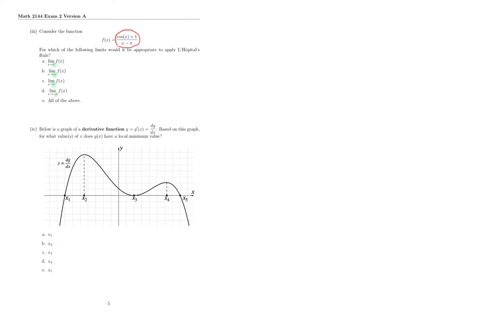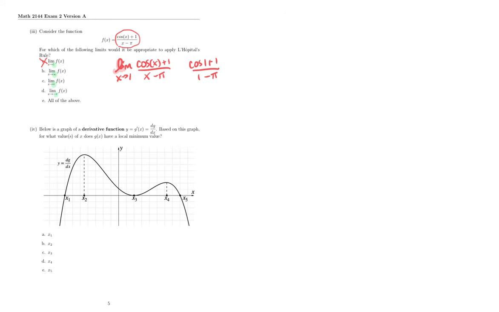So if I look at the limit as x approaches 1 for this function of cosine x plus 1 over x minus pi, so that will be cosine 1 plus 1 over 1 minus pi. So neither of those is infinity over infinity, so A does not apply. To apply L'Hopital's rule, I need to get something like infinity over infinity.